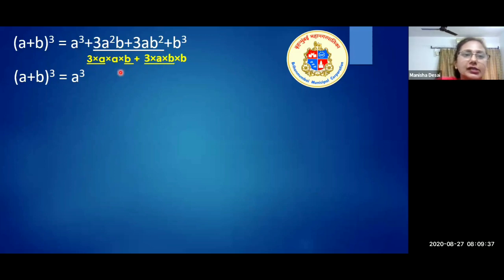If you see properly, I have underlined the terms 3, a and b. So 3 into a into b are the common factors of both these two terms.